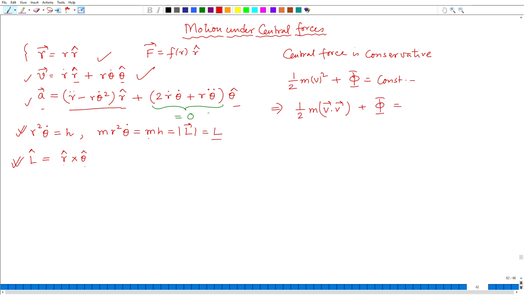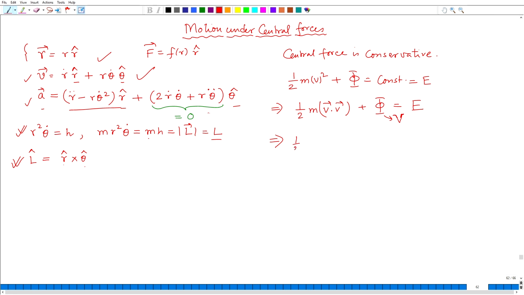I can write this constant as E. Sometimes we also have the conventional symbol for phi, which is V. So, for the sake of popularity, I change this symbol to V here, so that people can relate this symbol with the symbols which are appearing in several books and several materials. So, this is a capital V, of course.